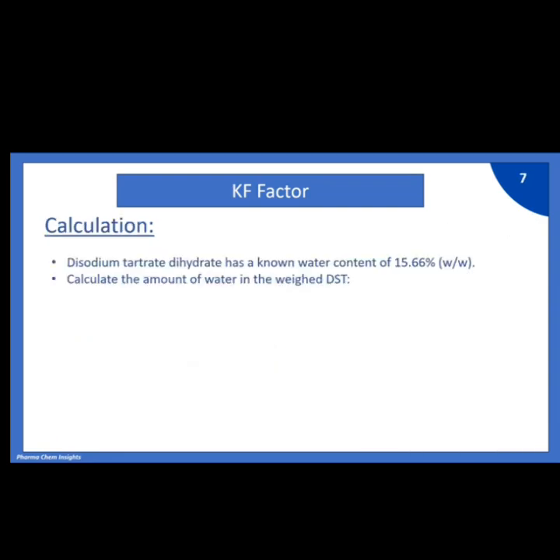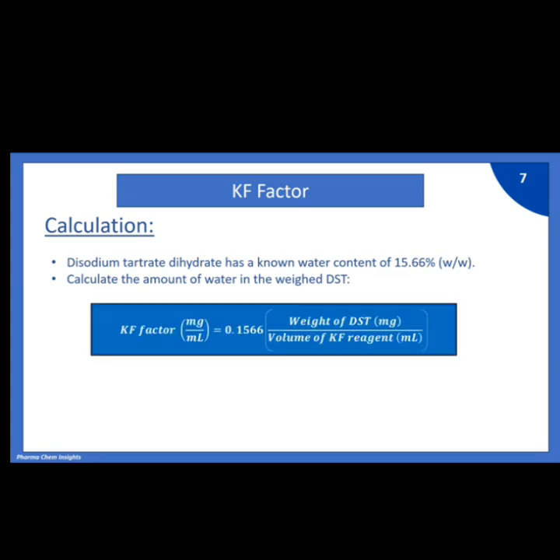We know that disodium tartrate dihydrate has a known water content of 15.66% weight by weight. Calculate the amount of water in the weighed DST. This is the formula for Kf factor: Kf factor in mg per ml is equal to 0.1566 × weight of DST in milligrams divided by volume of Kf reagent in ml.